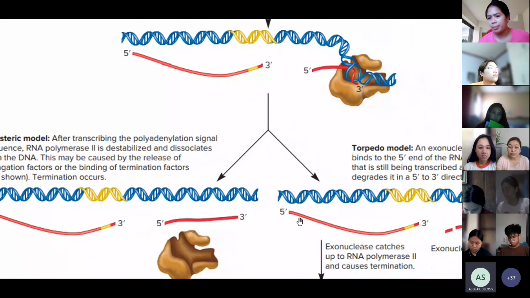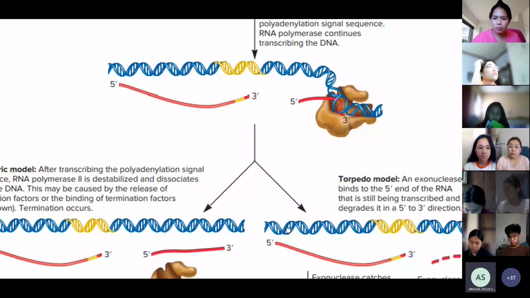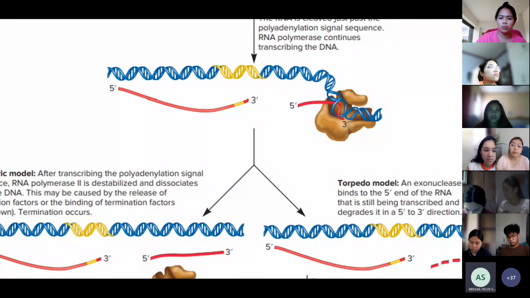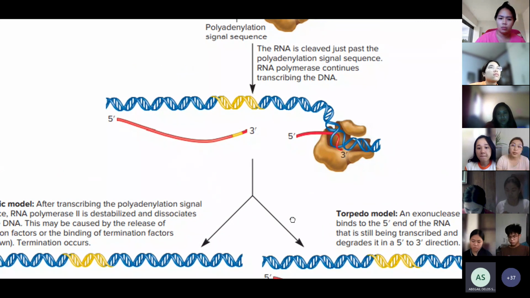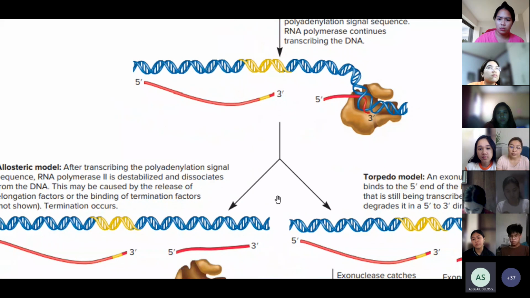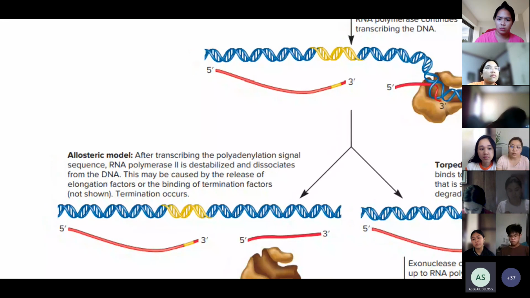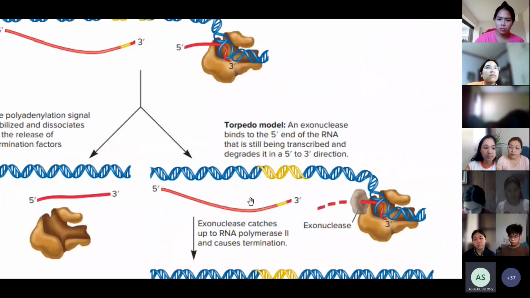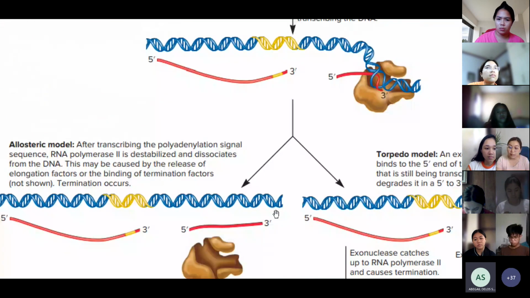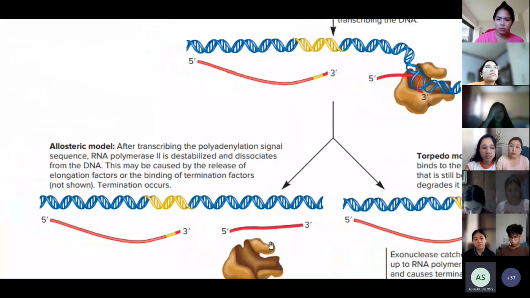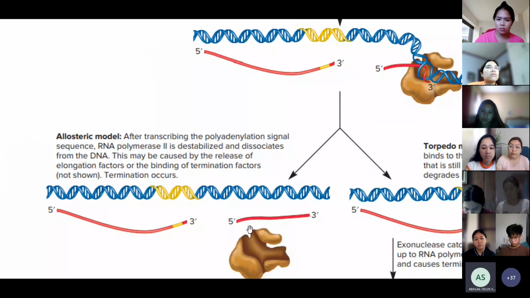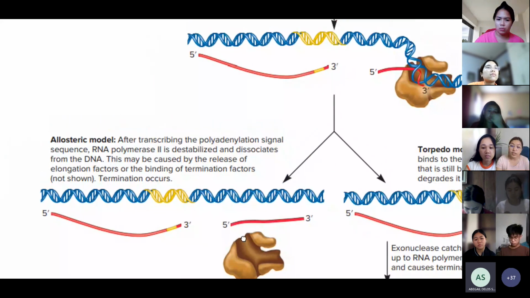We also have two models that have been proposed for transcription termination when they were just studying this. One we call the allosteric model, and the other is the torpedo model. It's trying to tell us how termination happens.